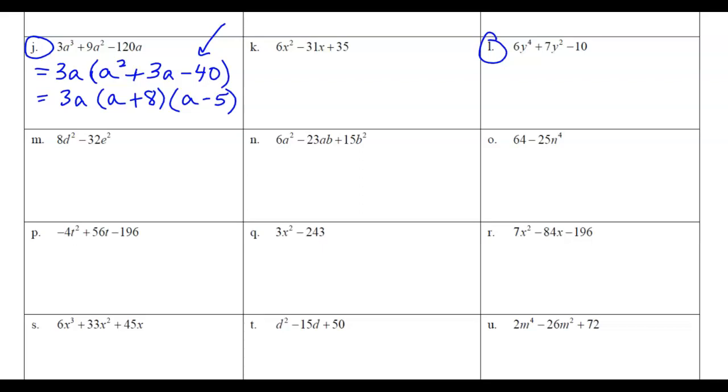Now take a look at L. It's 3 terms, right? Is there a common factor to all 3 terms? No. So then you have to think, okay, is there a way I could factor this using a similar method to what I've done for other trinomials? The other ones we've done have been x squared, x and constant, or x squared, xy and y squared. This is y to the 4th. But if you think about if we set up 2 brackets and had something y squared at the beginning, when you would expand this back, you get y to the fourth.